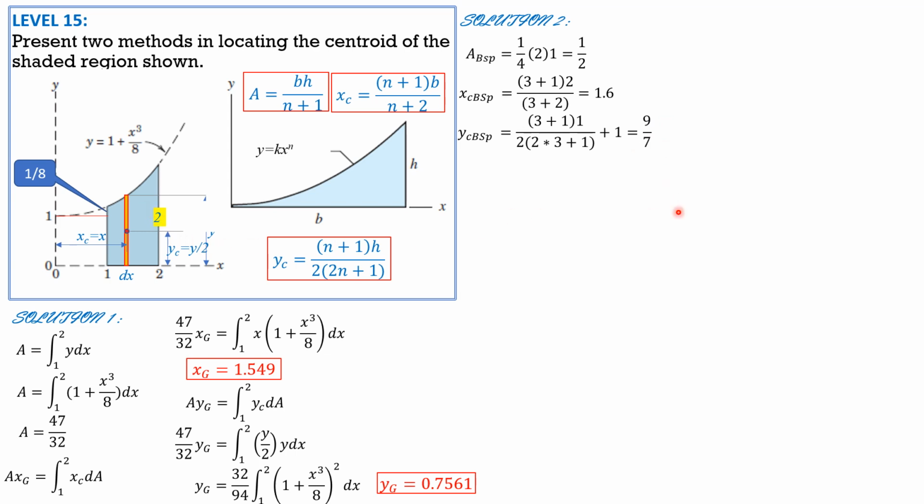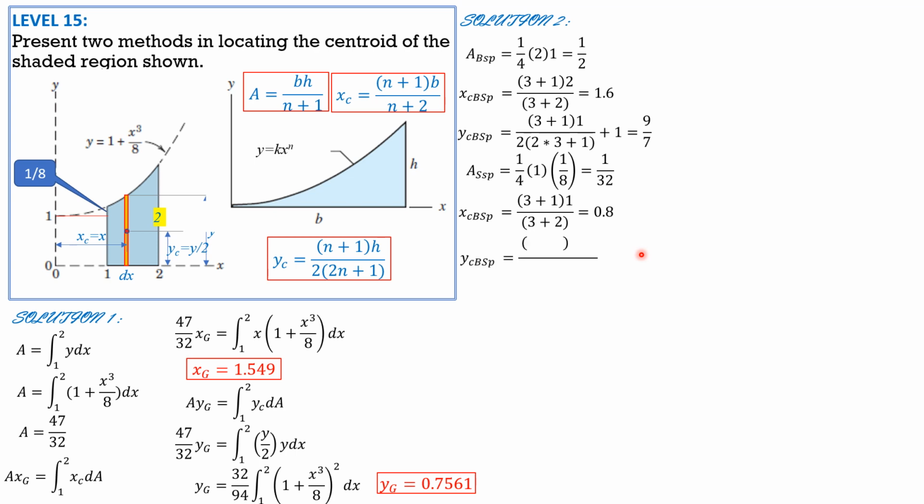And for the small spandrel, it is 1/4 of 1 by 1/8. That's the height 1/8, so 1 over 32. Then its x sub c of the small spandrel is 3 plus 1 over 3 plus 2, so 3 plus 1 times 1 over 3 plus 2 is equal to 0.8.